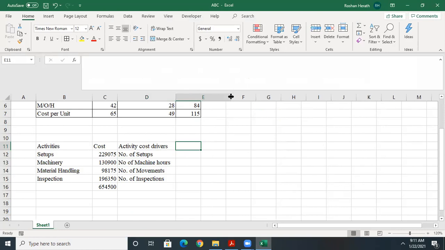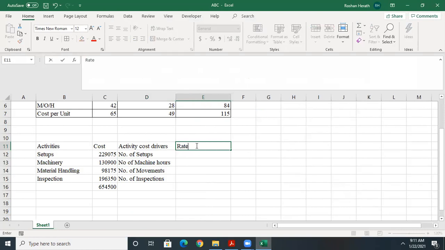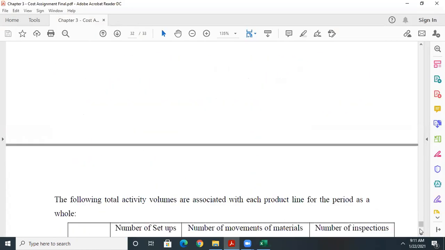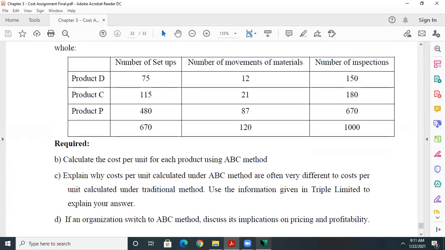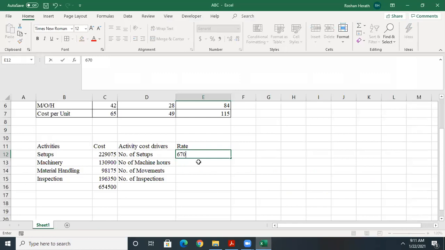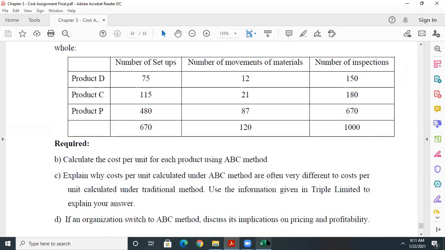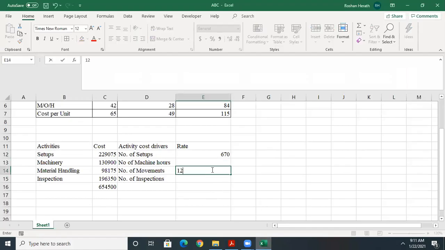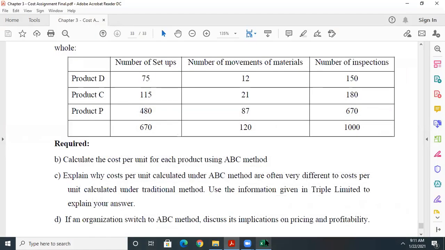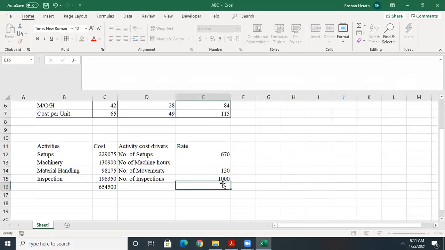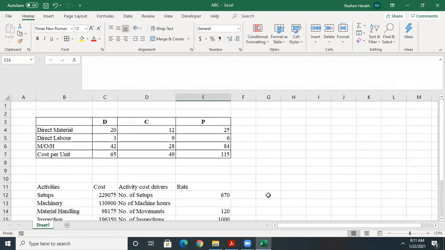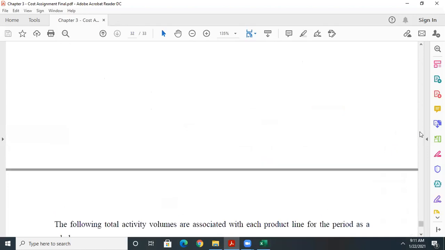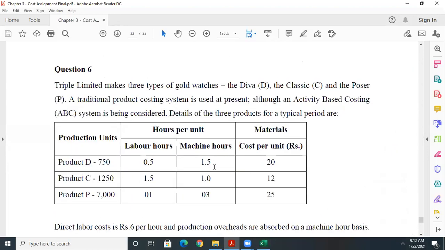Then you need to take the rate. How many setups were done during the period under consideration? You can see that you have performed 670 setups. Then movements, 120. Then you have inspection, 1000 inspections being carried out. Then we can see the number of machine hours. You need to figure that out. Per unit basis, it would have given machine hours 1.5.